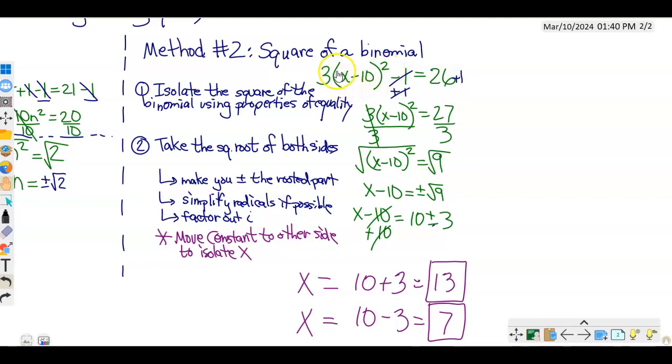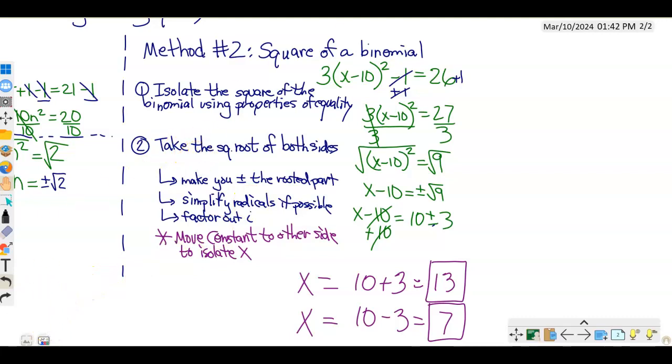Okay, so when you've got your variable inside this bit of business, you can also take the square root of both sides. And once again, as in the other video, it is possible that you may have one or two operations that you have to do in order to get the squared part all by itself.